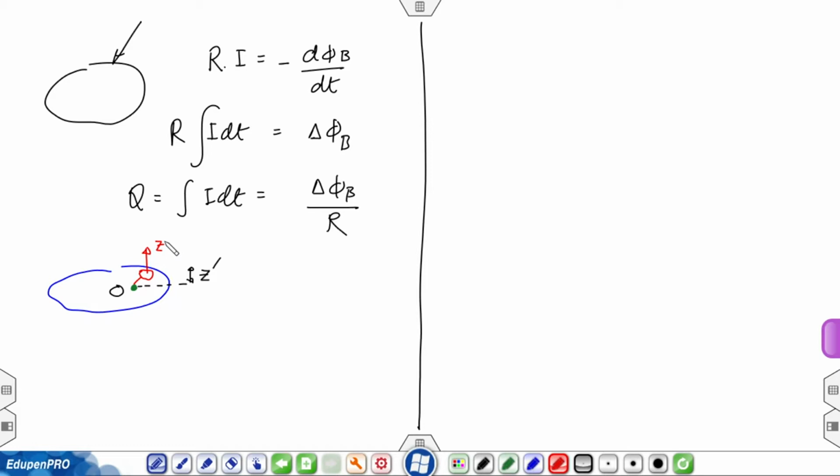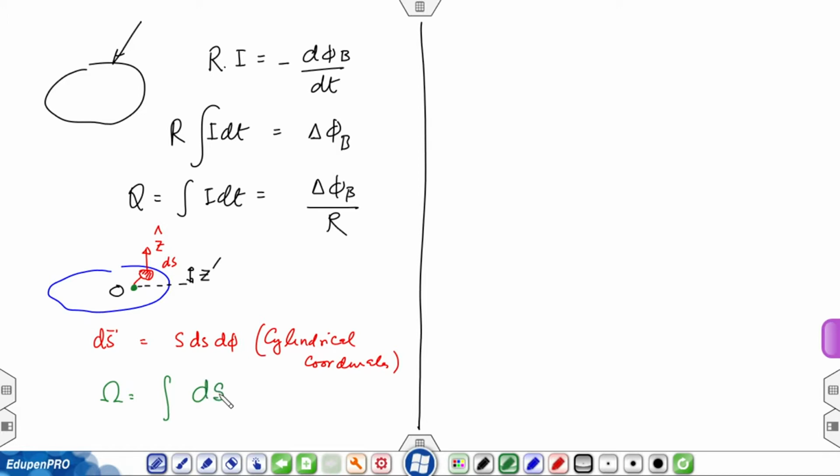That I can do without loss of generality, z unit direction, and this is ds. ds is s ds d phi in cylindrical coordinates, and what I am calculating is omega equals the integration of d area dot r over r cube if it is at a distance r.